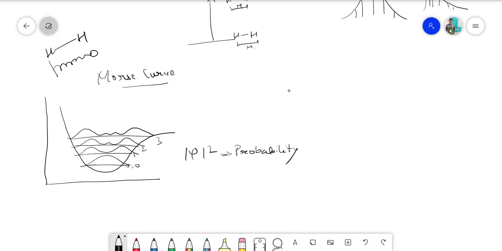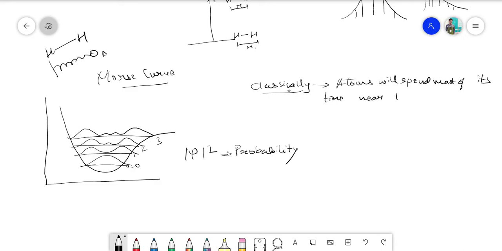Okay. Now, when you consider the classical explanation of oscillation or vibration, classically the atom, in this case, let's say this is our atom A, will spend most of its time near the ends.